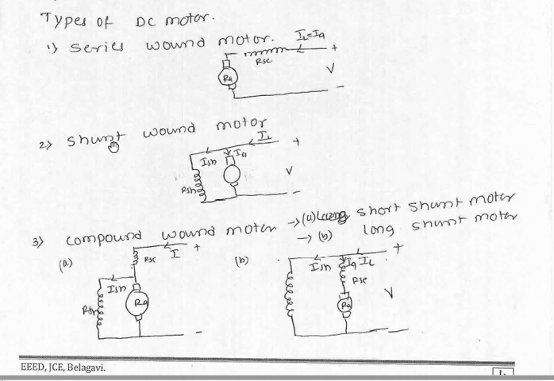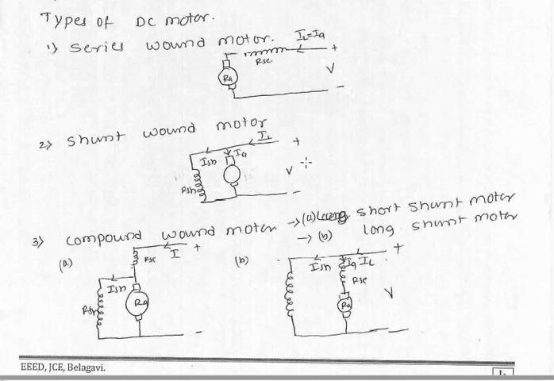Next, shunt wound motor. In case of a shunt wound motor, the field winding is connected in parallel to the armature winding. You can see this particular field winding is connected across the armature. This is the representation of the armature, and this field winding is connected in parallel or across the armature winding, and this combination is connected across the external DC supply.